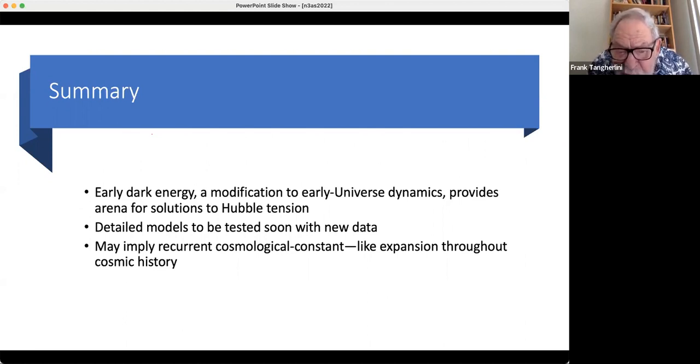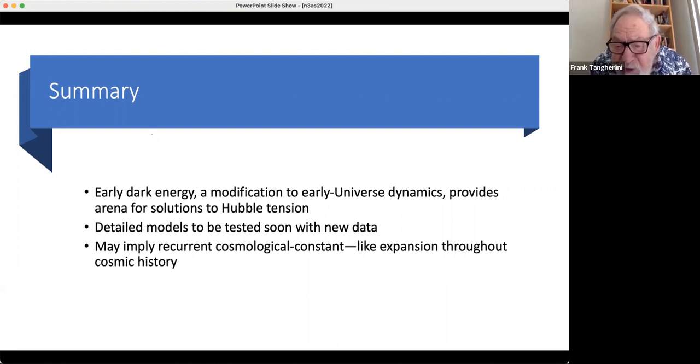What I'd like to suggest is that, at least with respect to the tip of the red giant branch measured by Wendy Friedman, if they were to redetermine their value with a decelerating value for the deceleration parameter, they would find something so close to the present value of 67.4 that the CMB gets that the tension would go away. And then the problem would be, of course, with Reese's value using the separate variables.